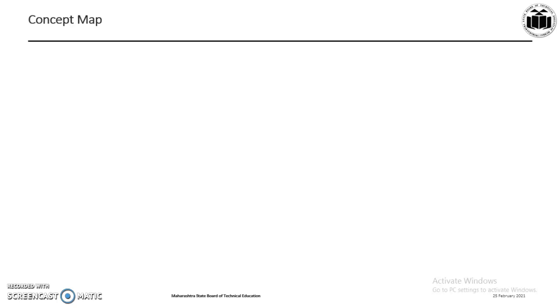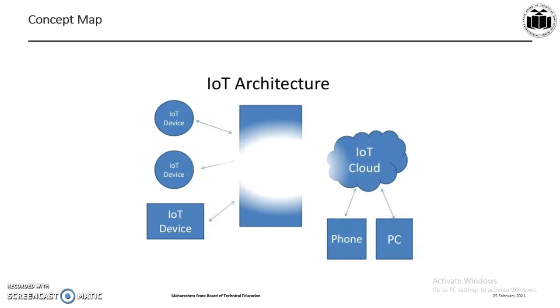Now, let us first of all go through the concept map of an IoT. As we have already discussed in the previous presentation, the IoT system consists of various components. As you can see in this slide, various IoT devices are used to sense various parameters like temperature, pressure, humidity, and many more parameters.